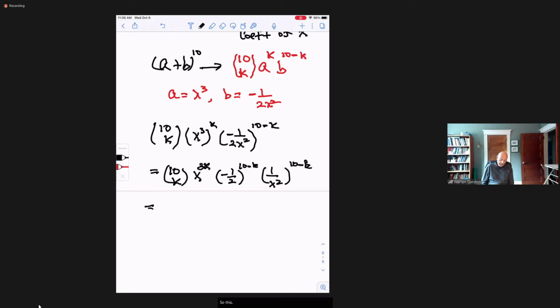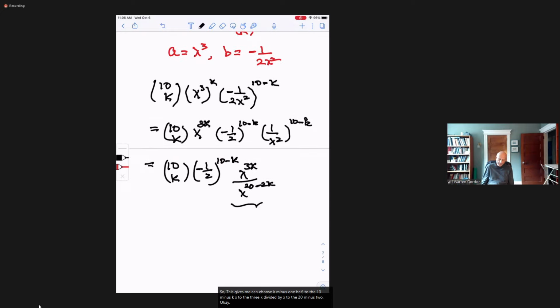So this gives me 10 choose k, minus 1/2 to the 10 minus k, x to the 3k divided by x to the 20 minus 2k. This power becomes x to the 5k minus 20.